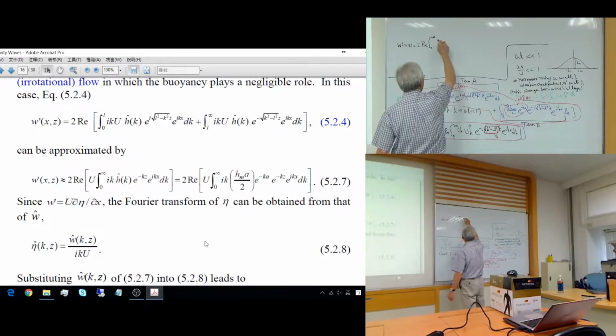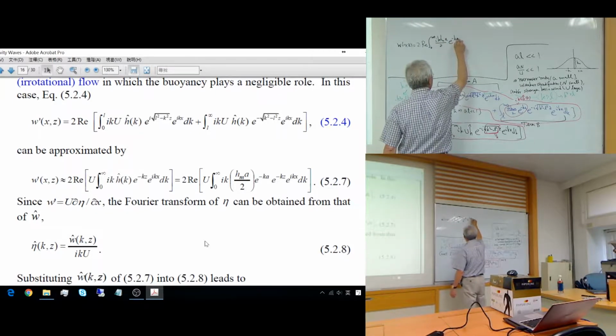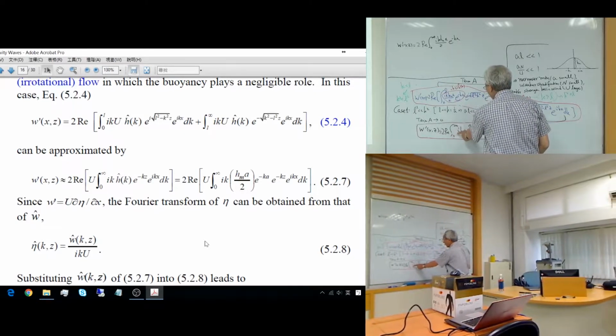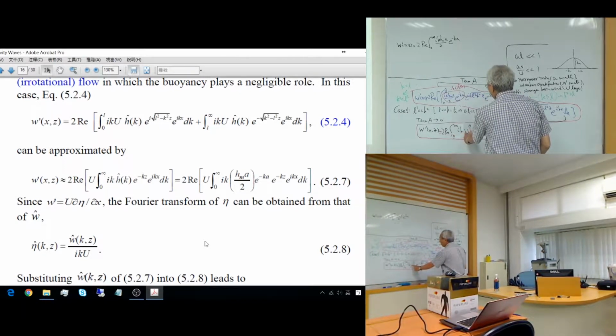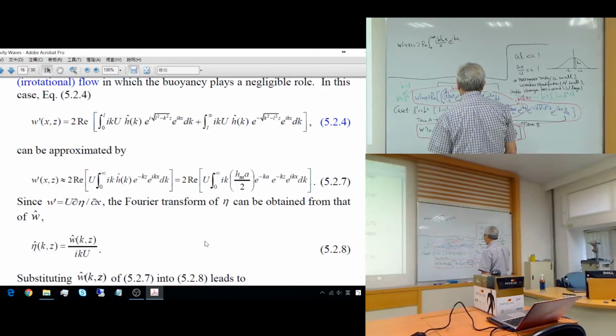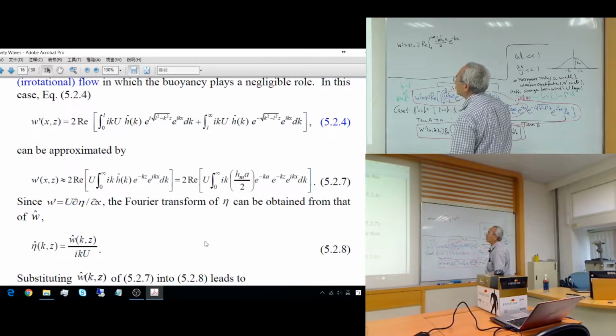So we'll have ik hm times a divided by 2, and then e to the minus ka. That's this whole part, this part ikU, h hat. Where is my u?